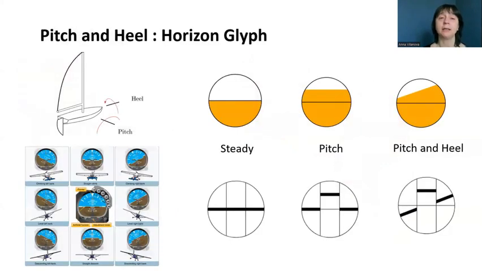For the design, we explored different options. One was a metaphor inspired by the horizon equipment that is in a plane that also helps to orient the pitch and the heel of the plane. So we know that if it is a horizontal line in the middle, then it's a steady or balanced performance of the boat, and having a pitch and a heel then generates an angle, going up and down with a line.